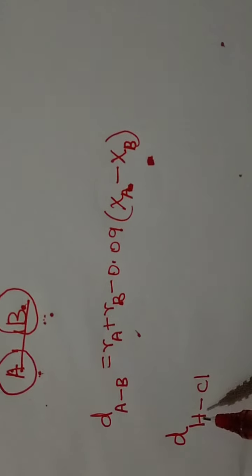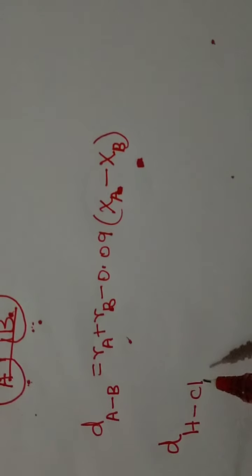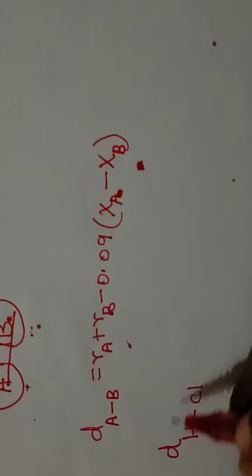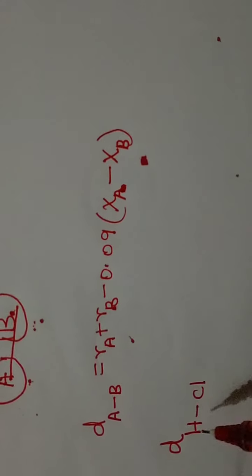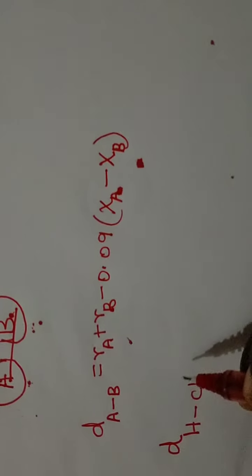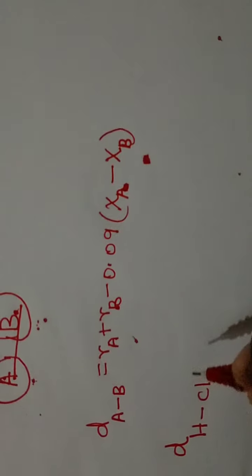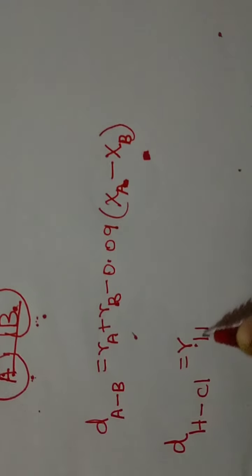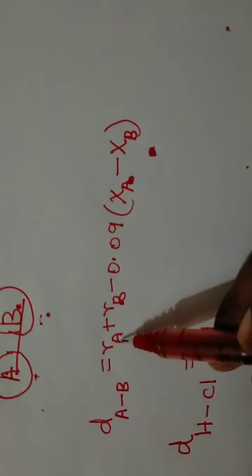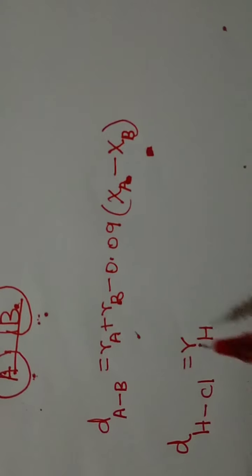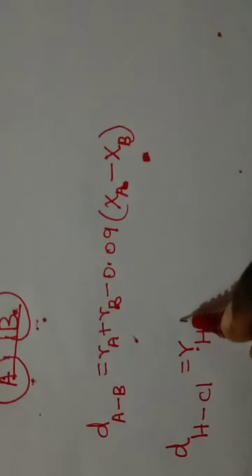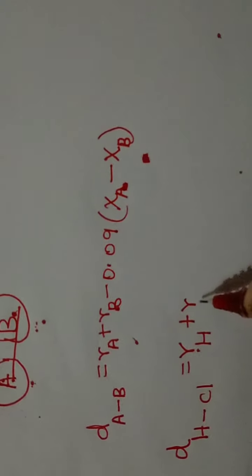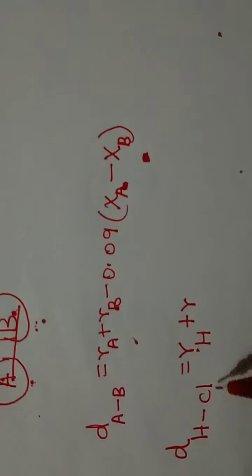So the distance between hydrogen and chlorine in the hydrochloric acid molecule. So the formula: D_HCl is equal to radius of H. How can we write this one as H? Because A is H. Then radius of B. What is B here?